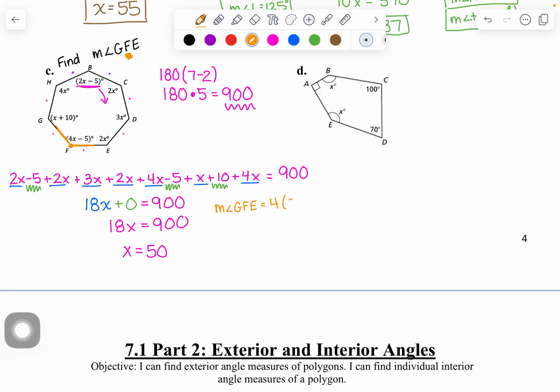But we know x is 50. So that means the measure of angle GFE is 195 degrees. Does it look like 195 degrees? No, it's not drawn to scale.